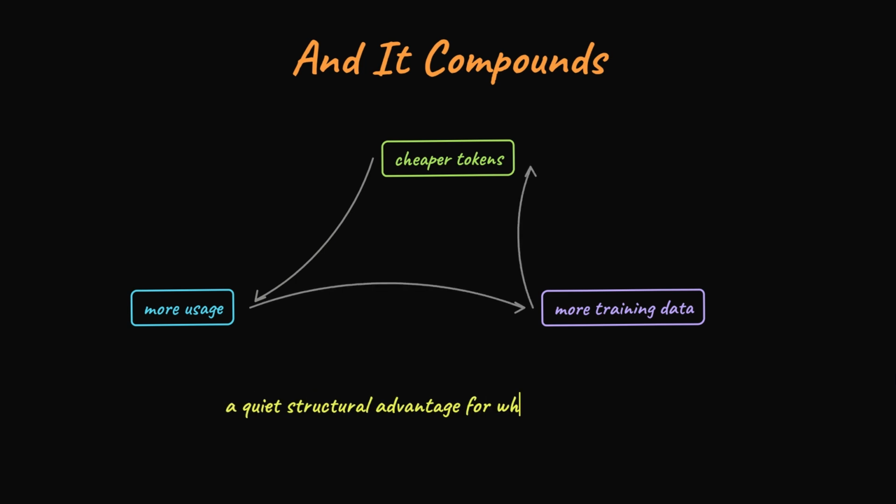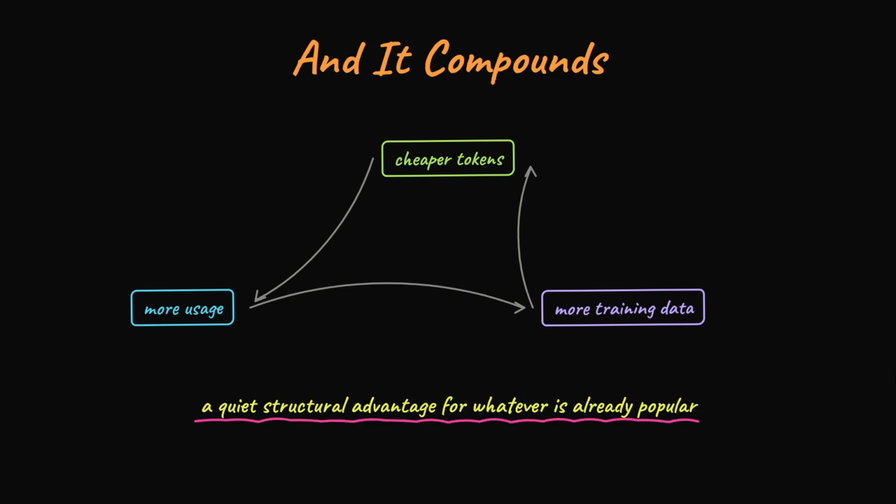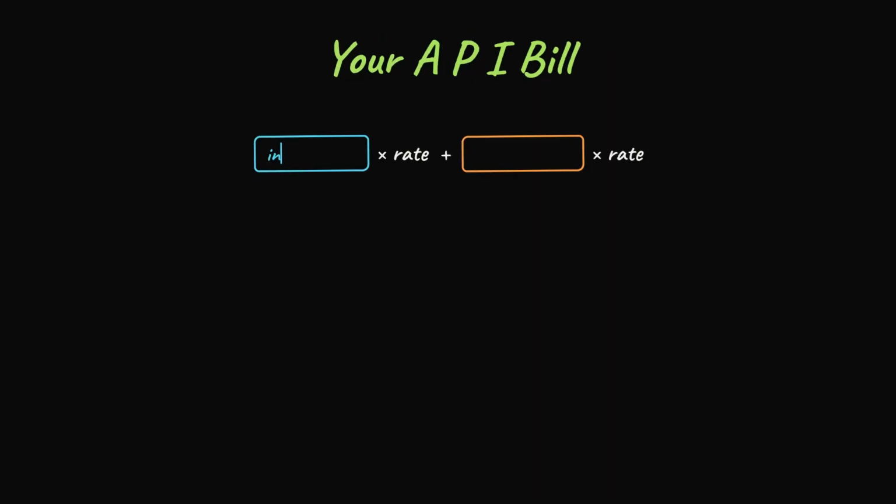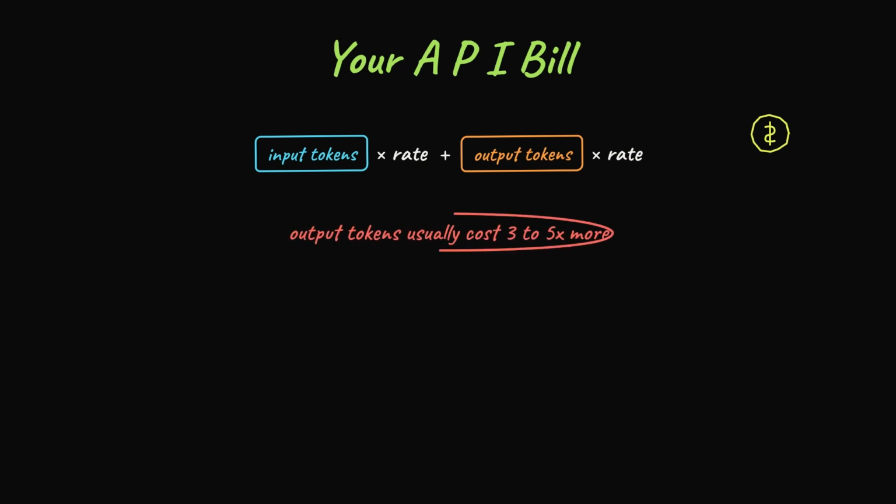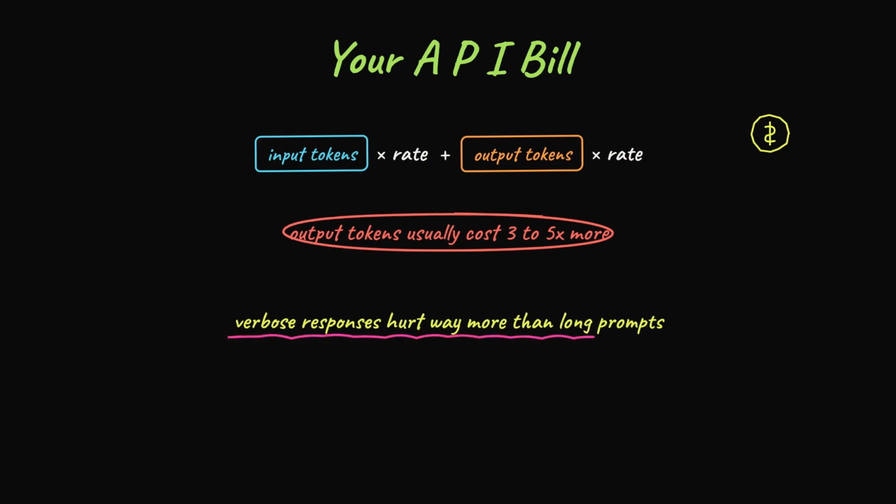So let me pull this together with what it actually means for you day to day. Your API bill is input tokens times the input rate plus output tokens times the output rate, and output tokens usually cost 3 to 5 times more, so verbose responses hurt way more than long prompts.